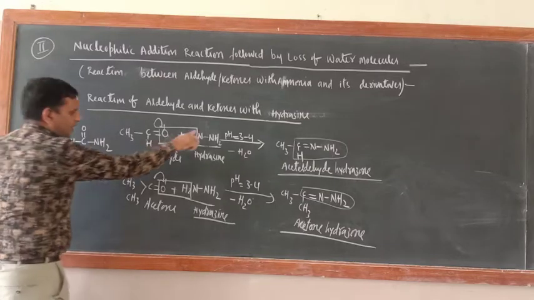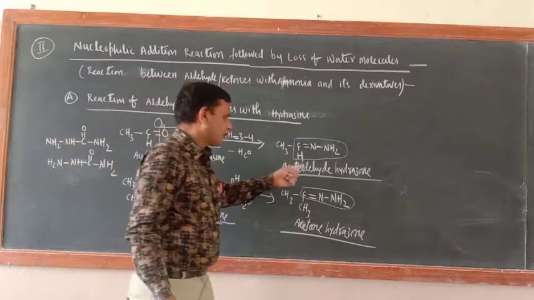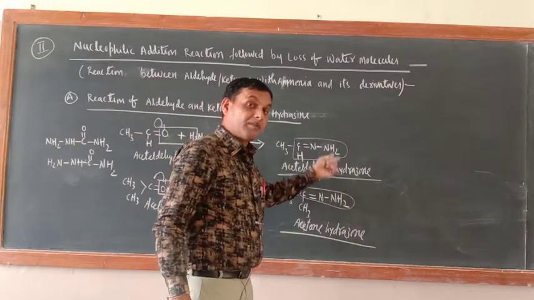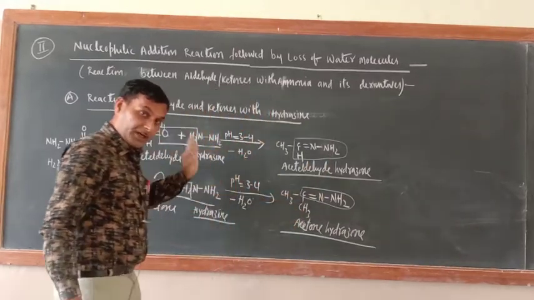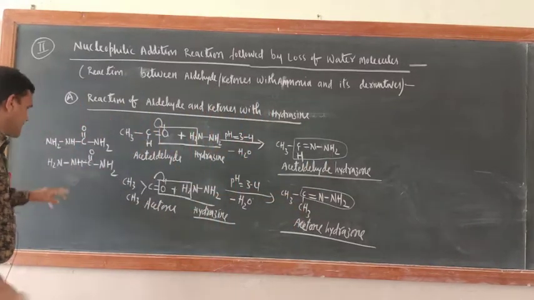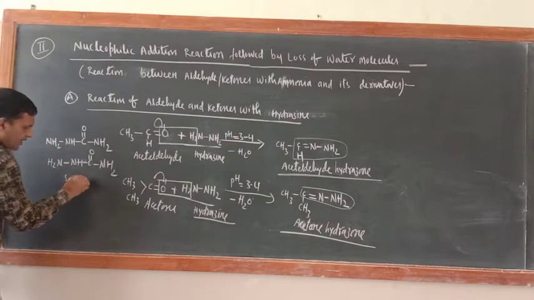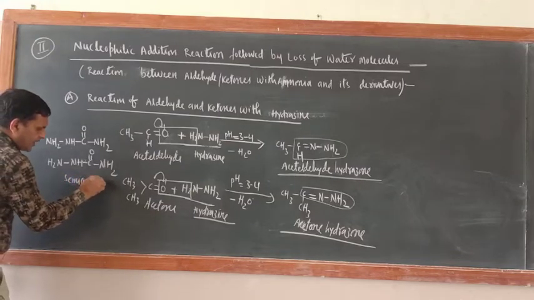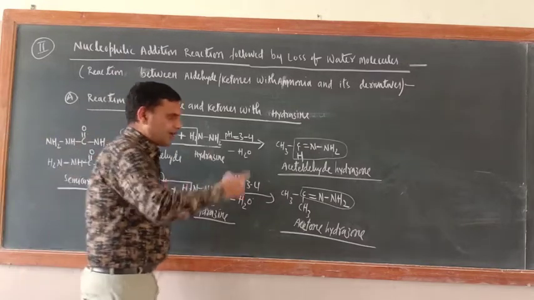Yes, that should be written here, and their reaction with aldehydes and ketones. So that would be acetaldehyde semicarbazone, acetone semicarbazone. Remember, the product name must be correct. This is semicarbazide, and the product name will be changed.